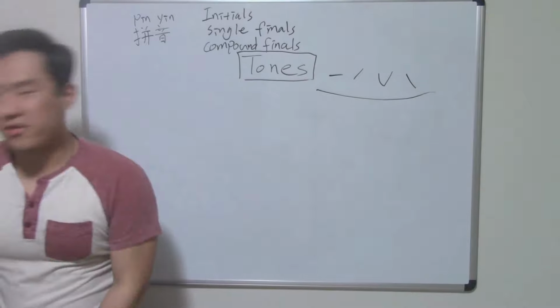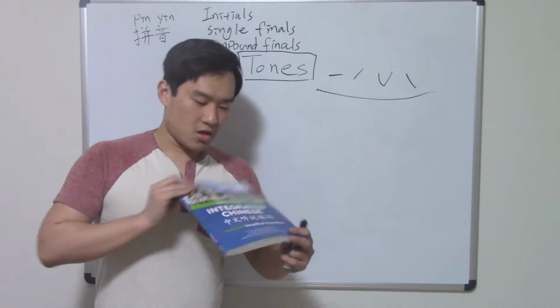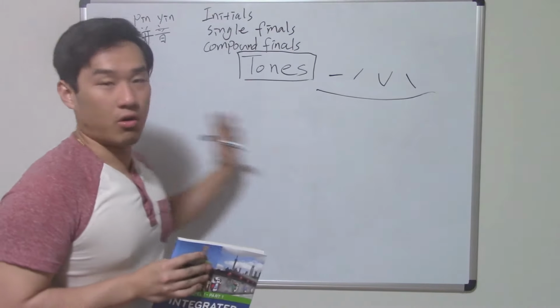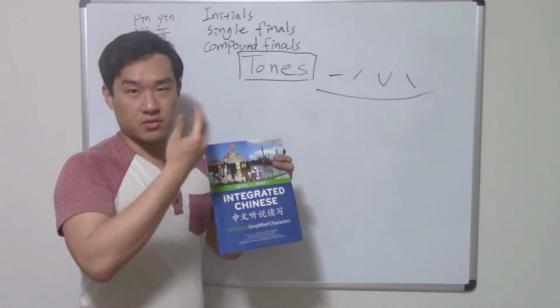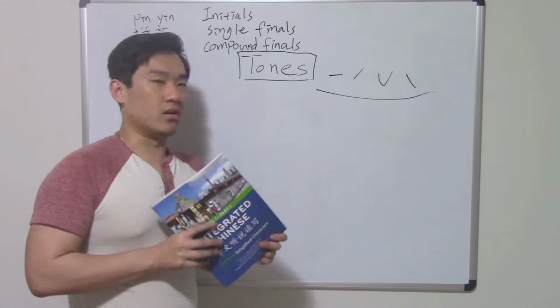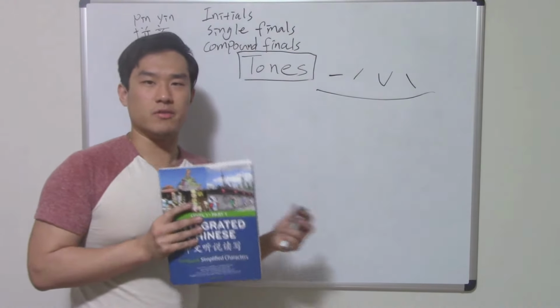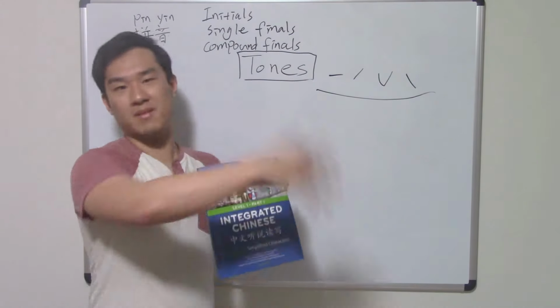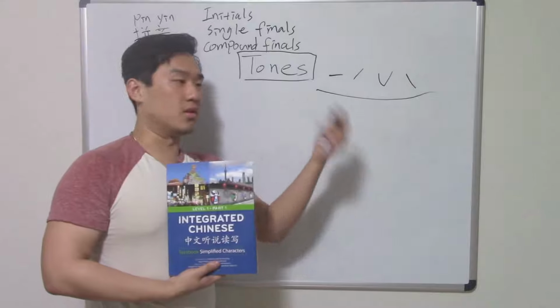Also, there's a link for this book called Integrated Chinese. That's what I use to teach you all of this information. Everything I teach comes directly from this book. It's a standard book for a lot of universities, and my friends are currently using it, or used it last semester, to learn Chinese.